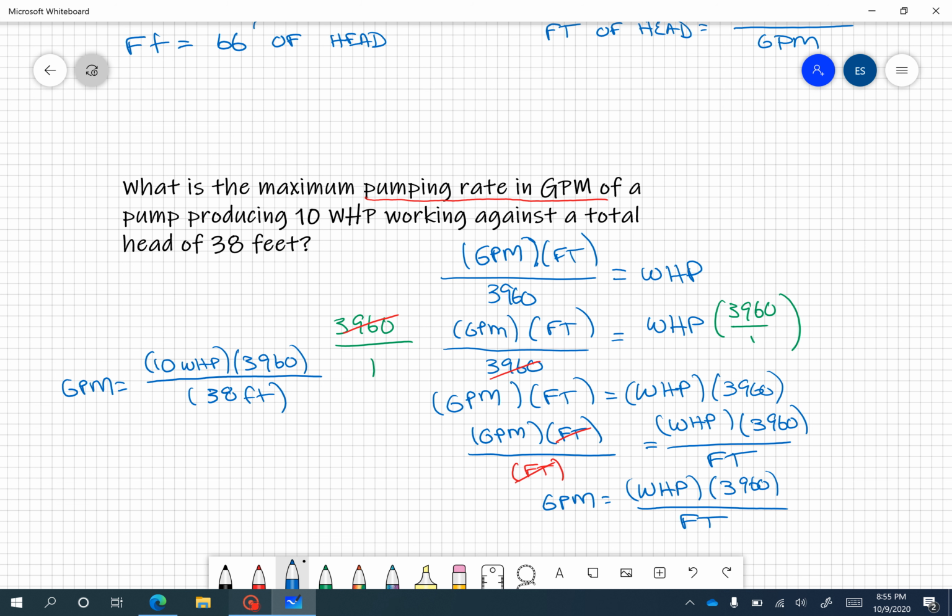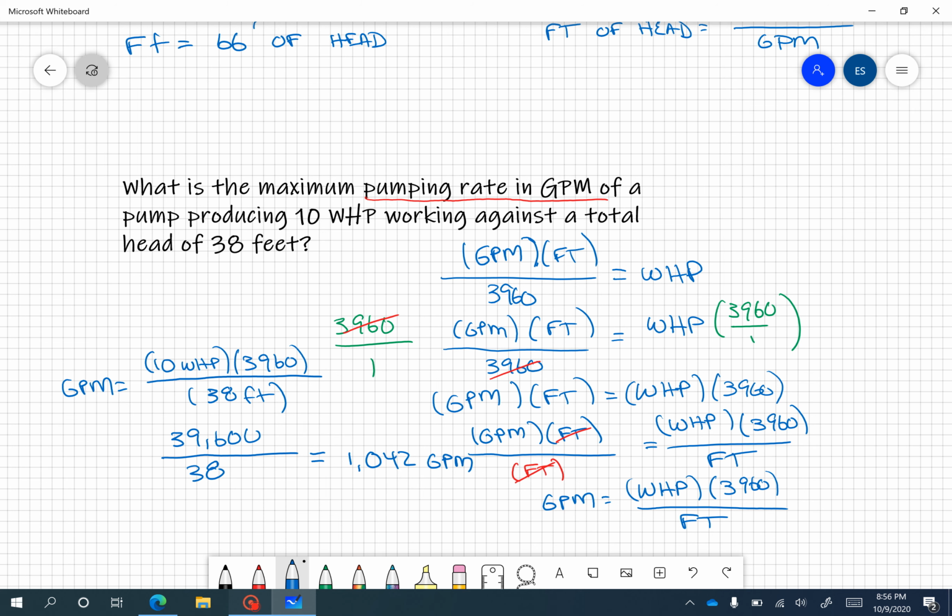So one more time, let's do a little bit of calculating here. 3960 times 10, of course, is going to get us to 39,600. And we're going to divide that by 38 feet of head. And once we do that division, we come up with a number, 1,042 gallons per minute.